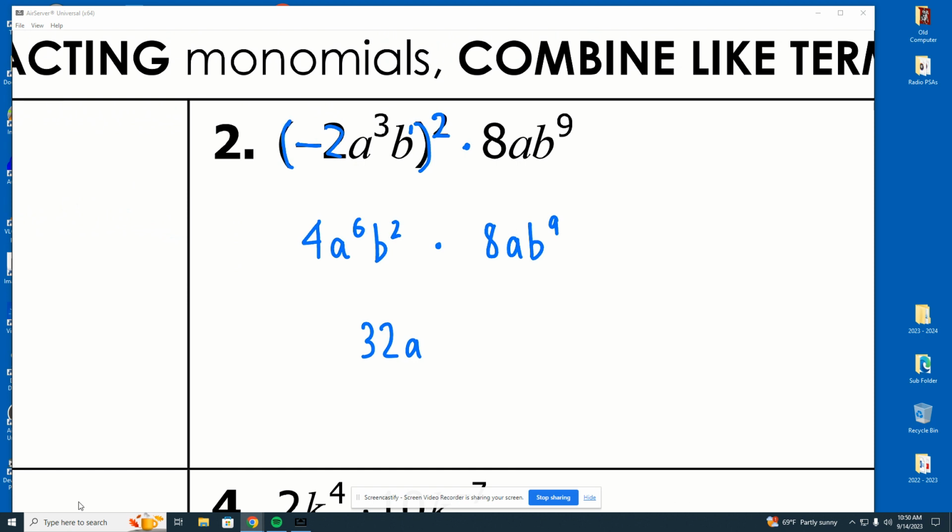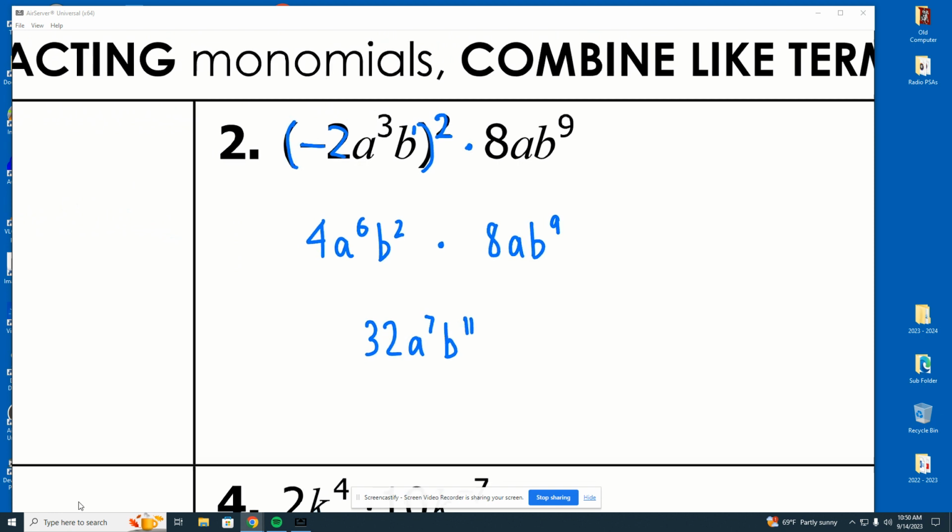We've got 6 and 1. What does 6 and 1 combine to get? 7. Both have base of b, so we can combine those by doing what? Adding. So 2 plus 9. So this becomes 32, a to the 7th, b to the 11th. You with me? Y'all doing good?